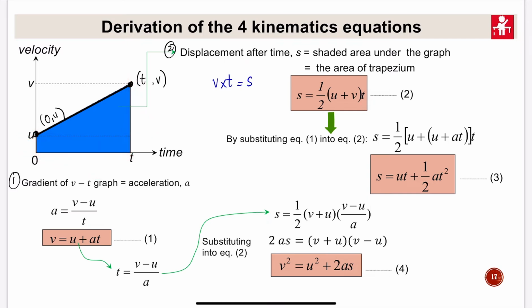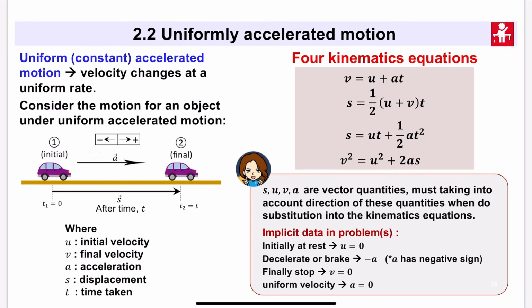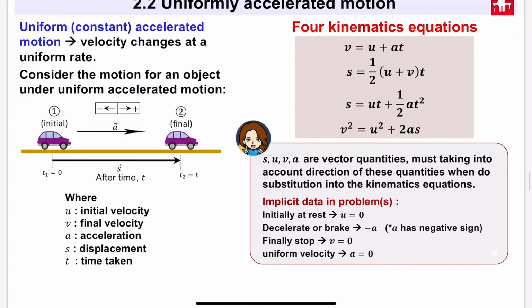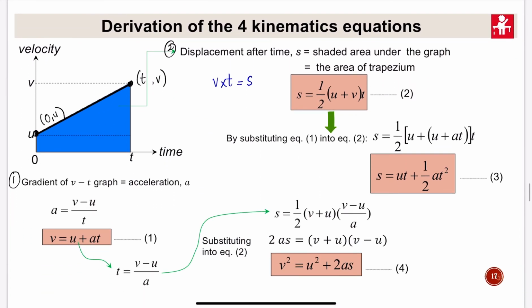So we will get the formula of displacement from the shaded area of the graph: s equals half times u plus v times t. So that is the second formula for the kinematics equations, from the area under the graph. So it is in the shape of a trapezium.